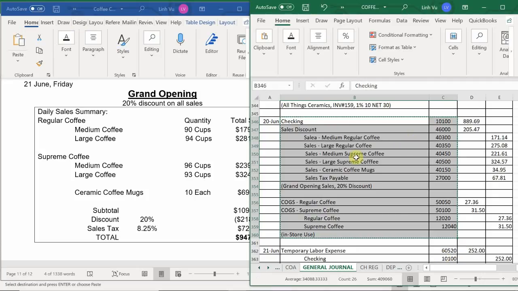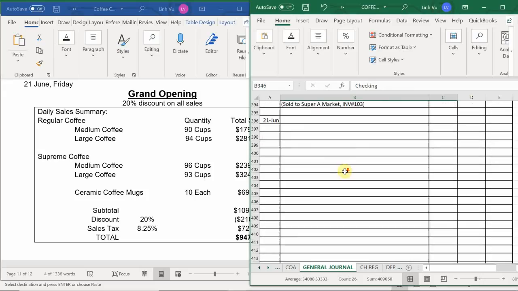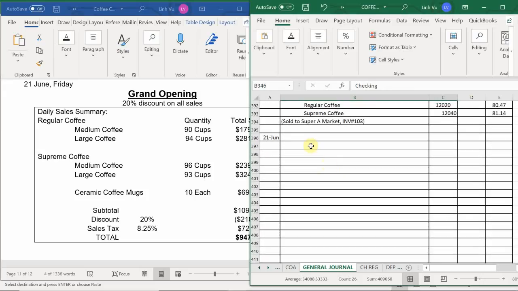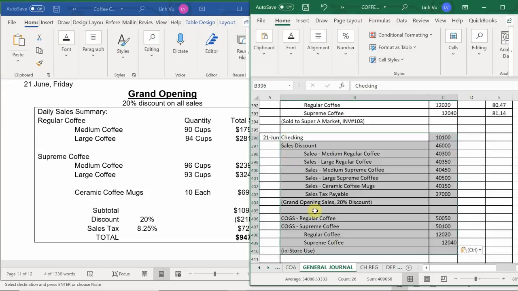Hopefully all of this will fit. Okay. Grand opening sales. So I just copied the cells over for the sales discount, sales medium regular coffee, supreme regular coffee, all that stuff. Okay, all the ceramic coffee mugs and the tax.